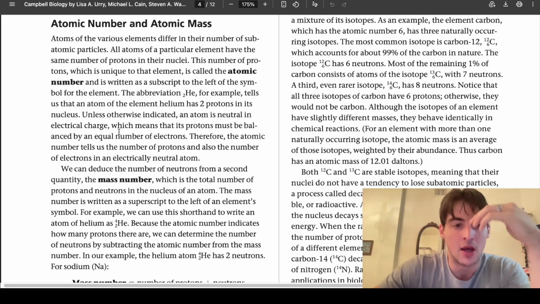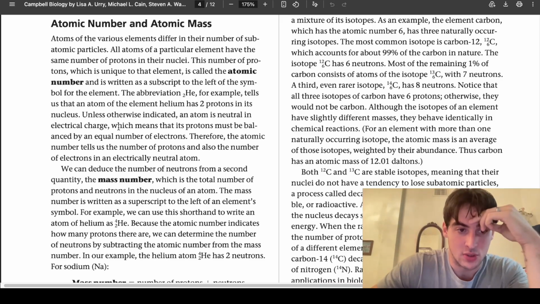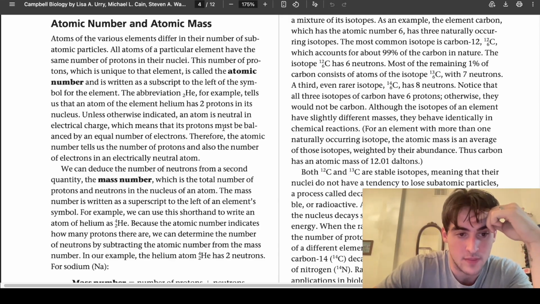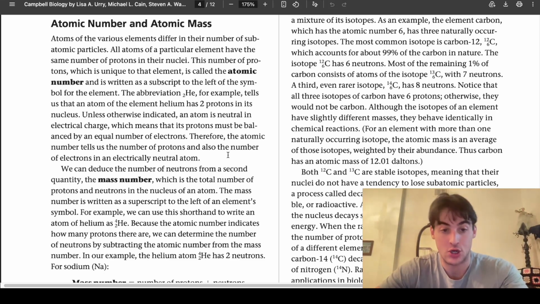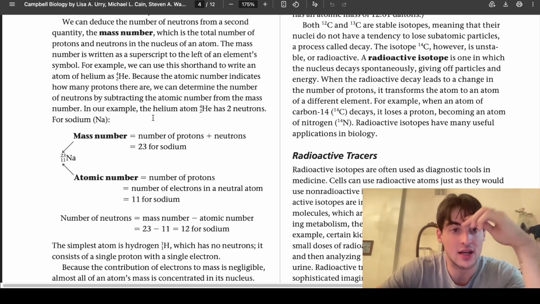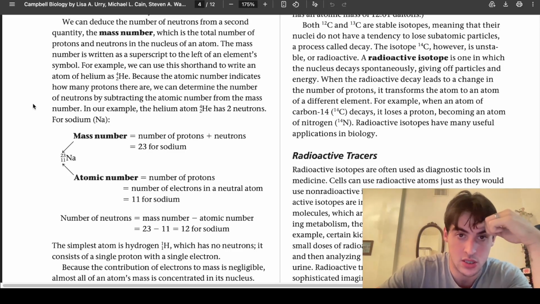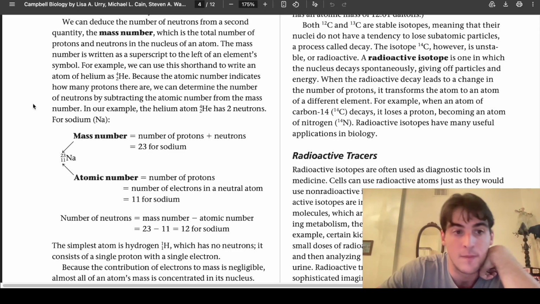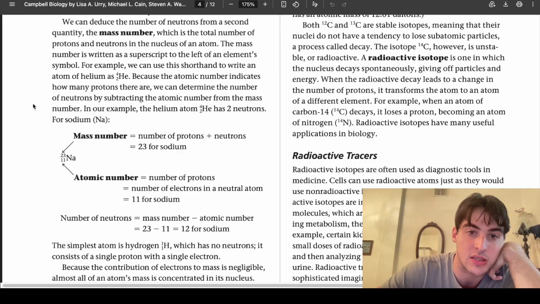I probably am. Therefore, the atomic number tells us the number of protons and also the number of electrons in an electrically neutral atom. We can deduce the number of neutrons from a second quantity, the mass number, which is the total number of protons and neutrons in the nucleus of an atom.